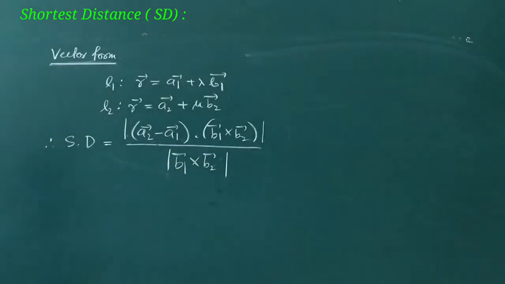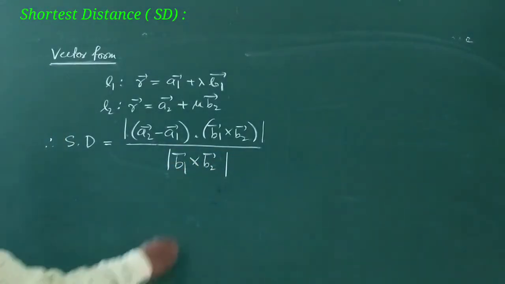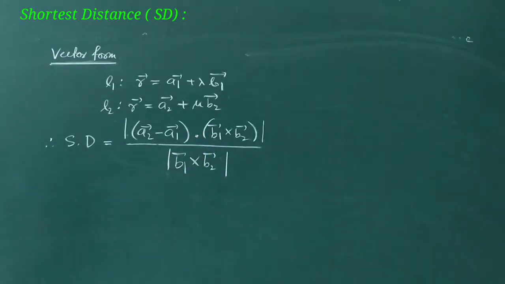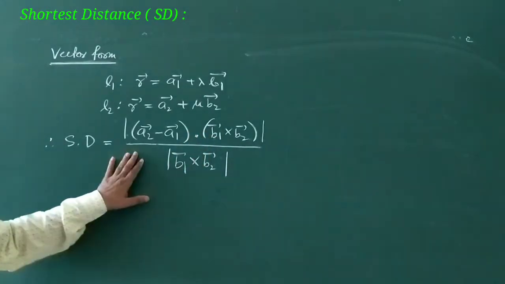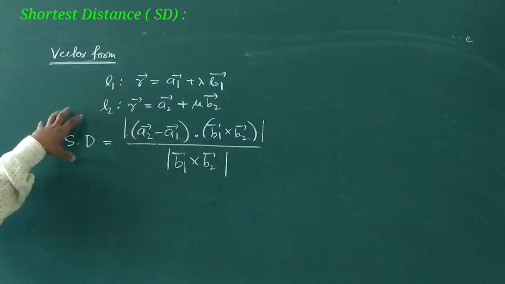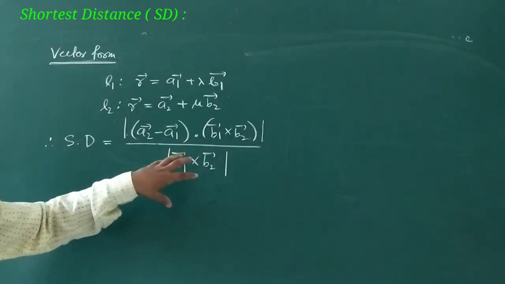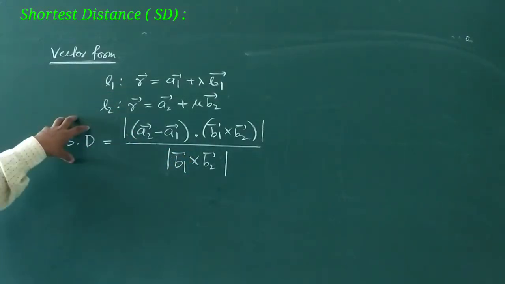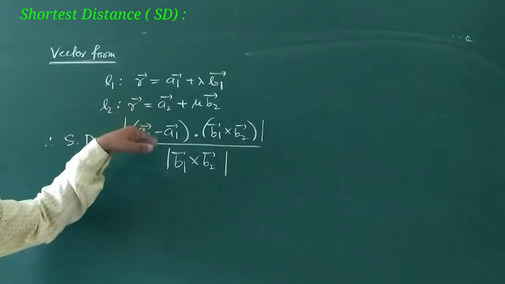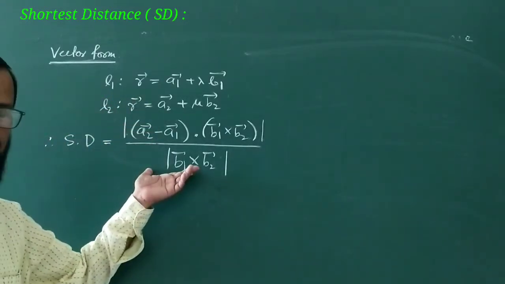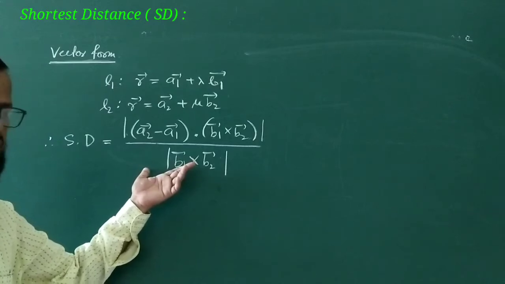Understood? There is a dot product here. If you use this particular result, you will find the SD between two lines. Shortest distance between two lines can be calculated in vector form using this result.